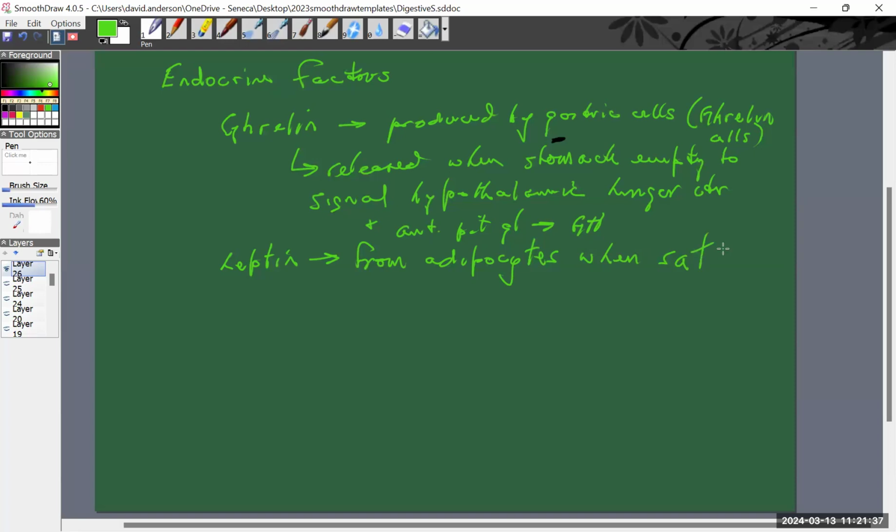So the fancy word for when you're full or when your metabolic needs have been met is you're sated. Satiation is the opposite of hunger. So when sated means that your glucose levels are adequate, your lipid levels are adequate, and your protein levels are adequate. So in other words, it's signaled to decrease hunger.